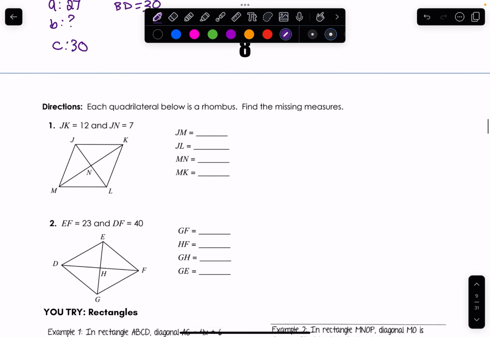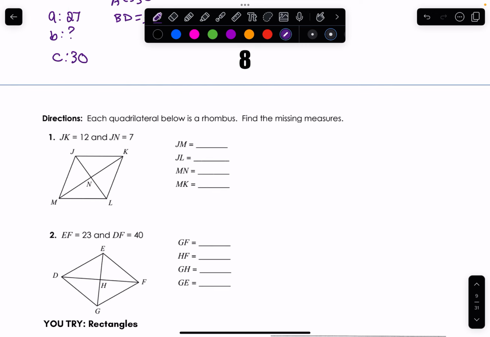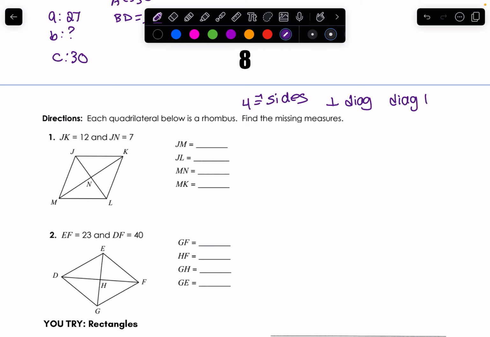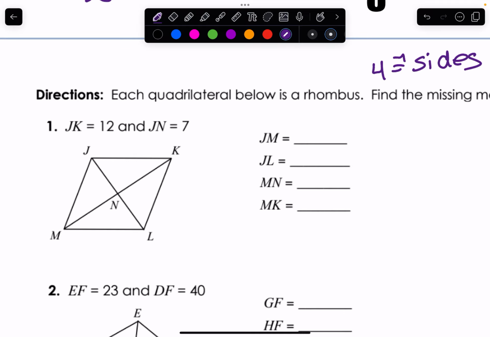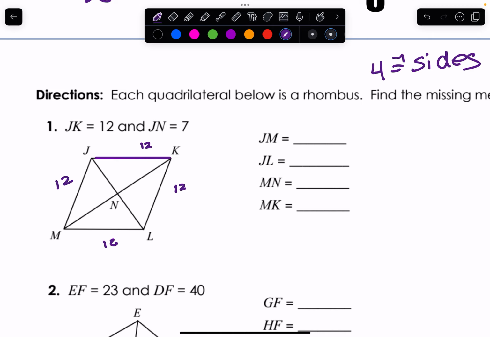Now we can do some with a rhombus. Again, a rhombus has 4 congruent sides, perpendicular diagonals, and the diagonals bisect the angles. So if JK is 12, then so are all of the sides of this rhombus because all the sides have to be congruent.